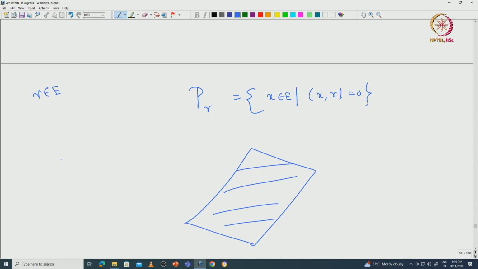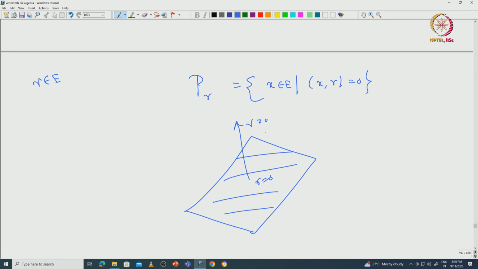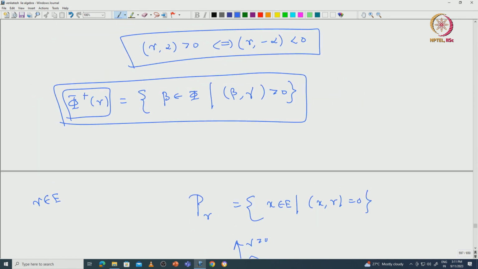Let us say this is gamma 0 and this is gamma positive. You are collecting roots lying on the positive side of this hyperplane. The hyperplane divides E, so E minus P gamma has two components, one positive and one negative, and we are collecting roots lying in the positive component.